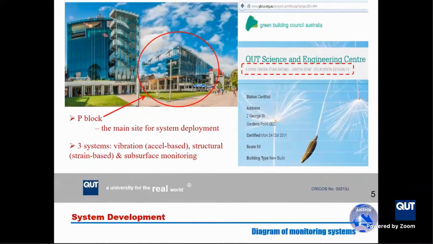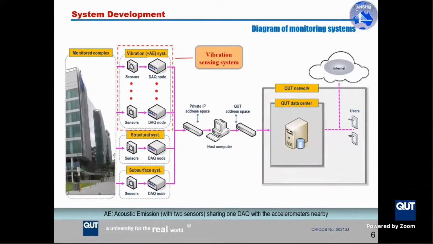In this slide, you can see the diagram of the monitoring system. The sensors are installed on different floors of the building to measure the vibration response and acoustic emission response. Although you can see here it's a cabling system, the way it works is very similar to a wireless system, because at each sensor we have a DAQ node, and we manage the system through the IP addresses of the DAQ nodes.